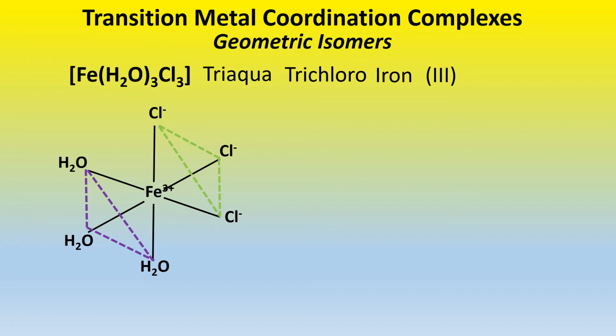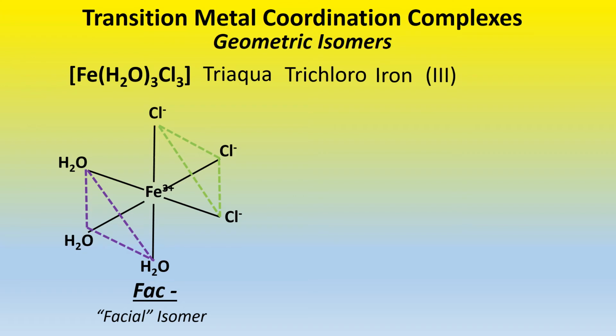Those triangles are faces of the octahedron, since the coordination number is 6. This is what's called a FAC isomer, or a facial isomer. So this would be fac-triaqua trichloro iron 3.